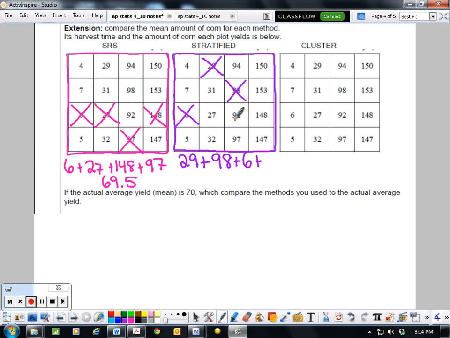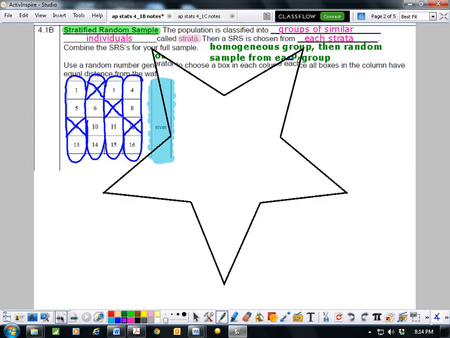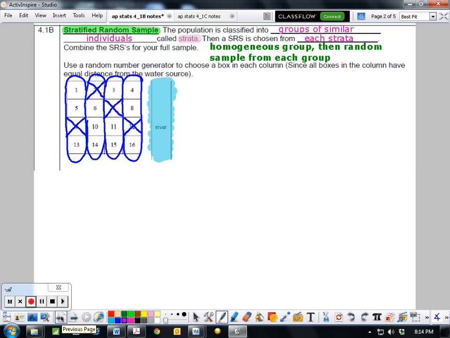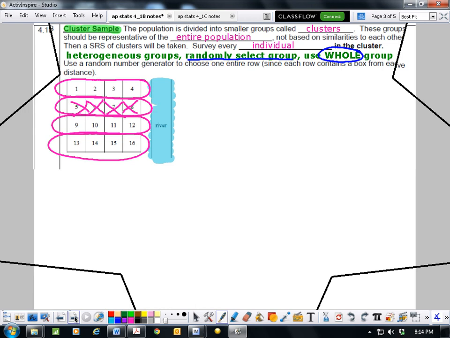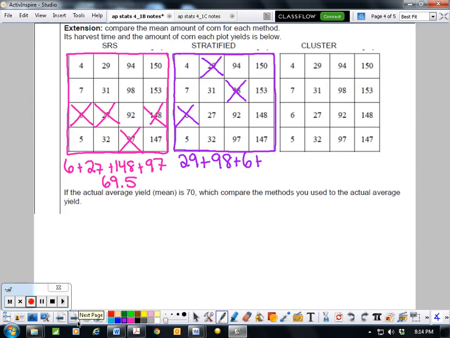One, two, three, 4, 5, 6, 7, 8, 9, 10, 11, 12. That doesn't seem right. Let me go back. Oh, that was 12, not 13. I wrote it down wrong. So we're going to go ahead and average those out now.